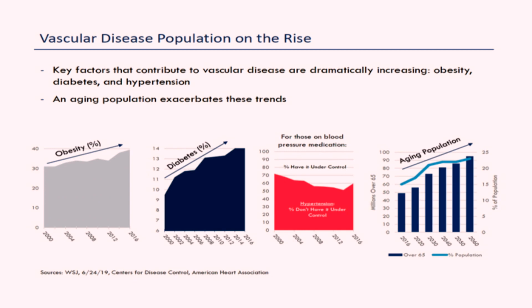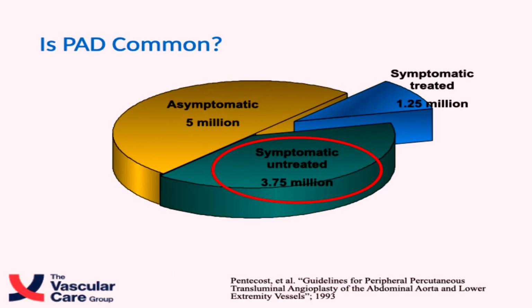Is PAD common? Yes. This is actually a study that's almost 30 years old, 1993. At the time, there were 10 million people in the US that had PAD. Half of them were asymptomatic. They didn't know. The other half had symptoms, whether it was pain at rest, pain with walking, or ulcers.